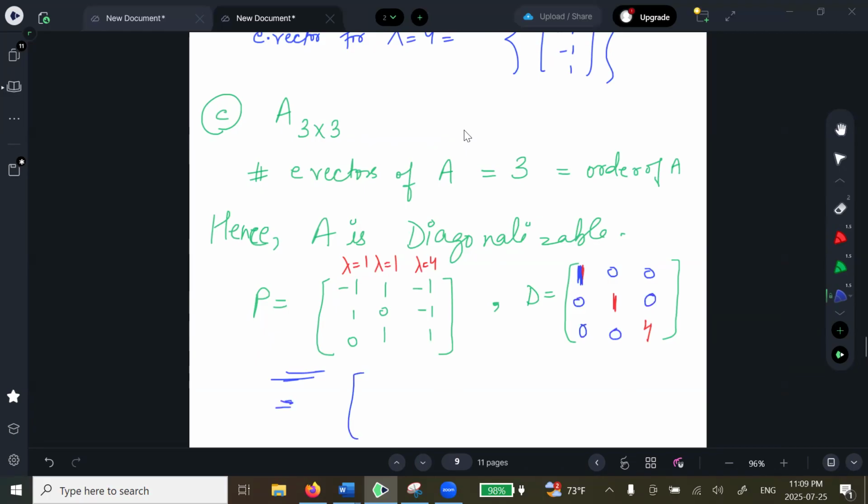If you picked your P to be this, with the eigenvector for 4 first, then your corresponding diagonal matrix would be 4, 1, 1. This is also correct. It would still make the matrix A diagonalizable. There are many correct answers for this. It's just how you order your eigenvectors as columns.